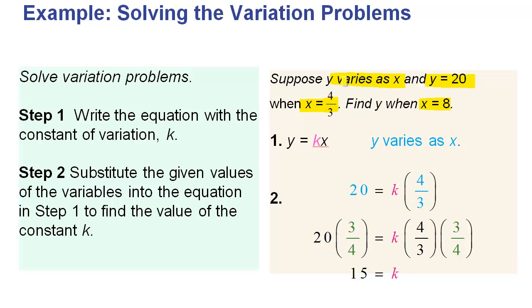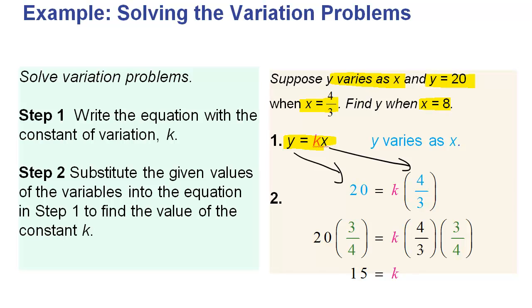Okay, well, because it varies directly, we know we're dealing with the simple y equals kx. Then we plug in what they tell us. y equals 20, right, when x equals 4/3. Do the math, i.e. solve for k by getting rid of the 4/3.